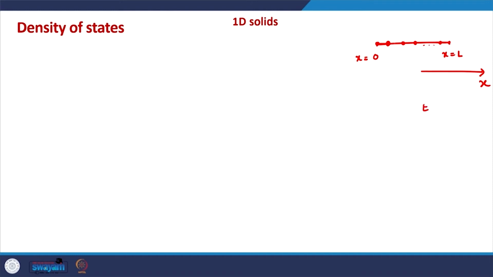So, the E-k relationship is E equals h bar square k square divided by 2 m star. m star is the effective mass of the electron in the solid, and by considering the effective mass we can assume that the electron is independent of the lattice interaction and the electron is just confined in the boundaries of the solid. It is just confined between x equal to 0 to x equal to L, and this is essentially the particle in a box situation.